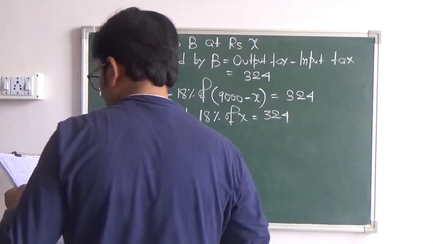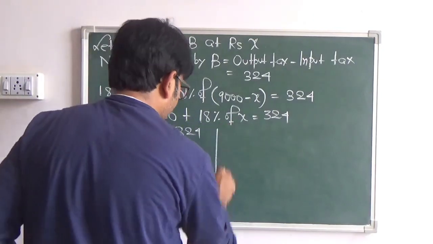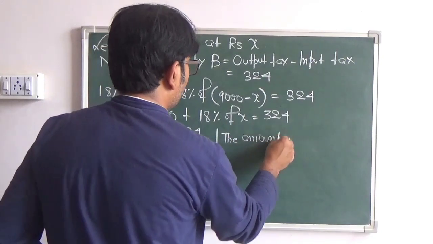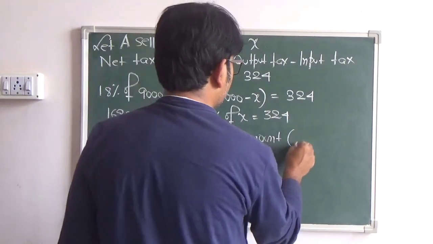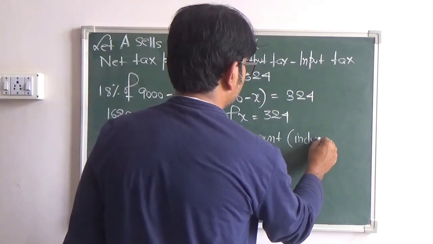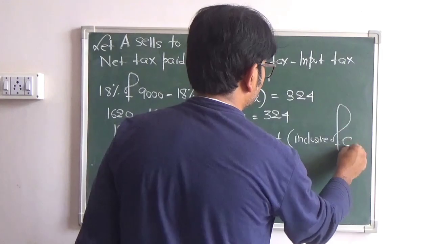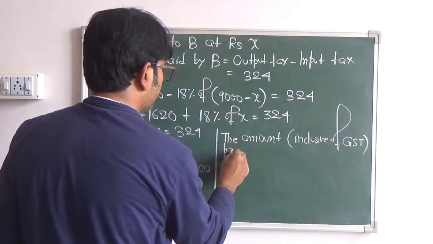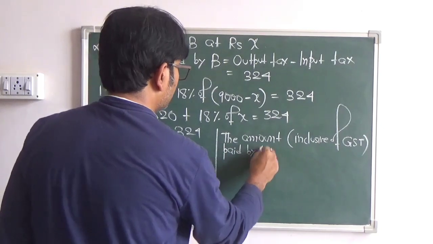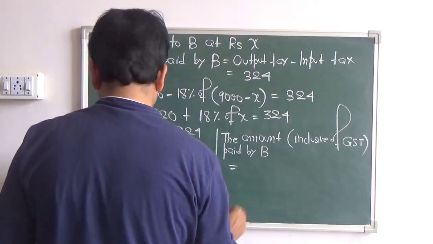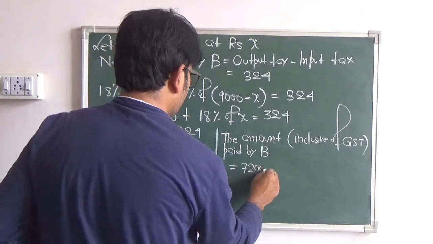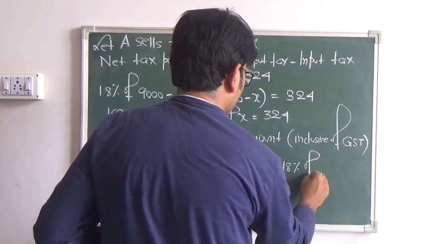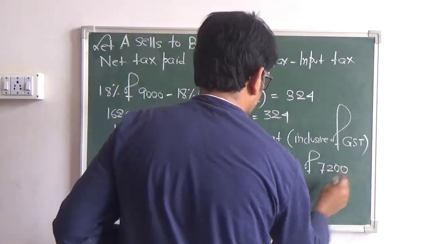So the amount paid by B, the amount inclusive of GST, is equal to 7,200 plus 18% of 7,200.